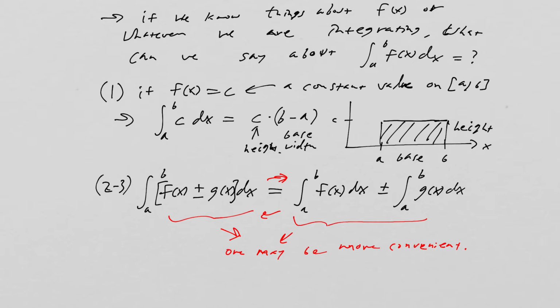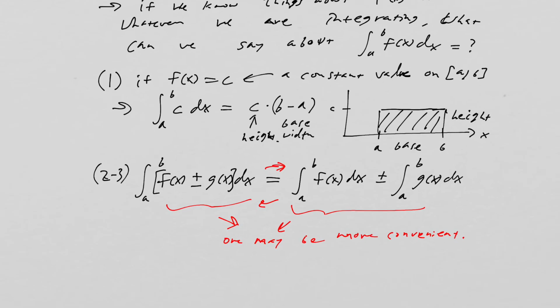Typically, though, I would frame the meaning of this identity as: if you're integrating over a complicated expression involving a sum of two functions or a difference of two functions, you could break it down into two potentially simpler integrals to compute. That is a wonderful divide and conquer type identity that can really help you simplify your work. Okay, let's go talk about another one. I'll move to the next page.